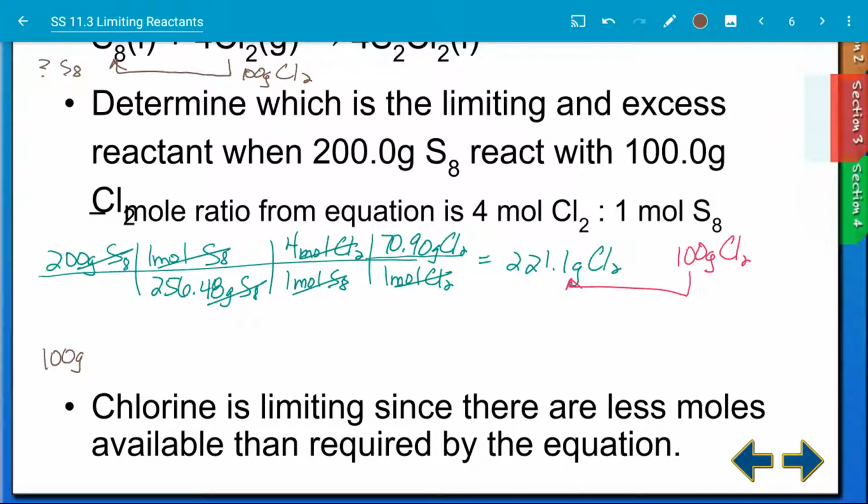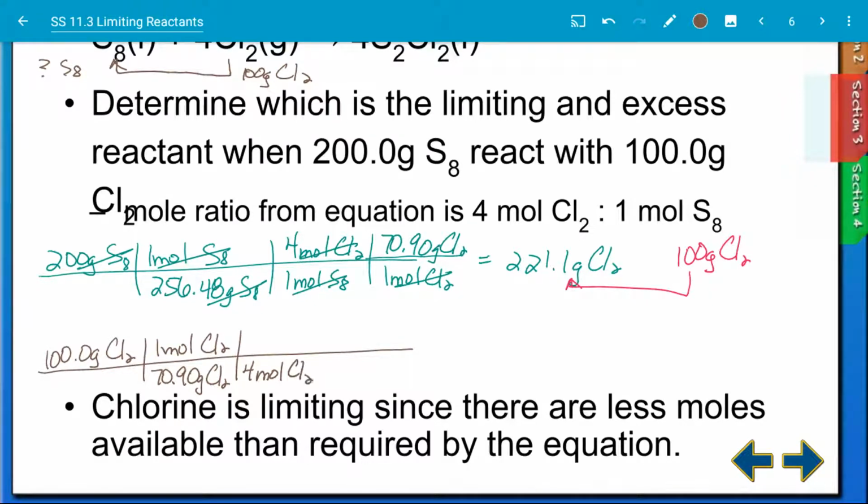So I start with 100.0 grams of chlorine gas. And I know that 1 mole of chlorine gas weighs 70.90 grams. I know that for every 4 moles of chlorine gas, I will use 1 mole of S8.